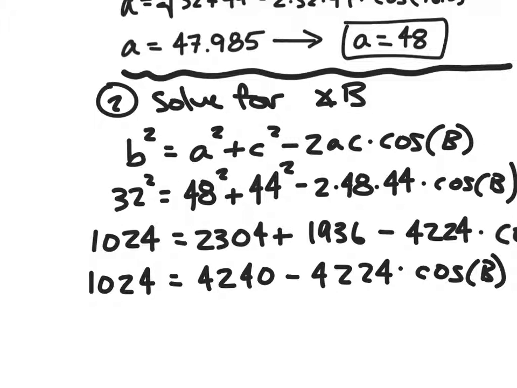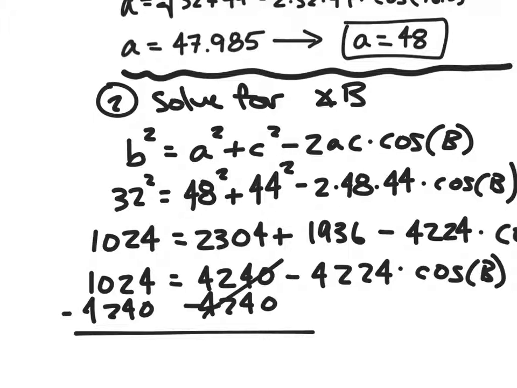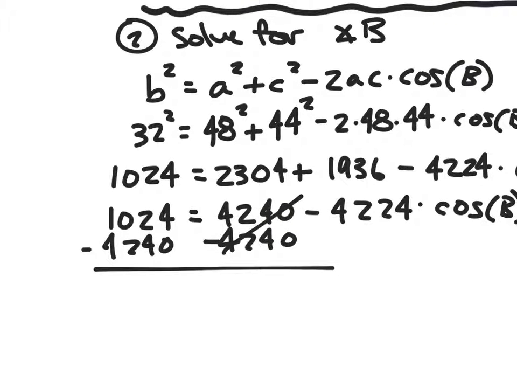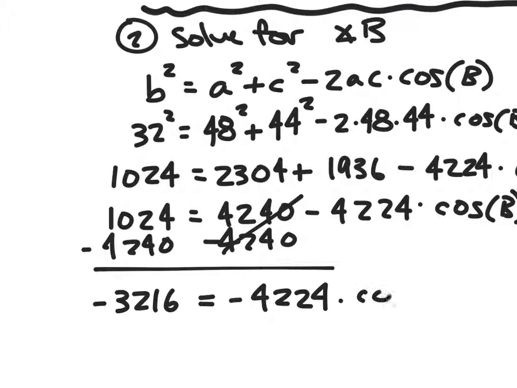We're going to isolate cosine of B. So I'm going to subtract 4,240 from both sides, and I get 1024 minus 4240, which gives us negative 3,216, and that's going to equal negative 4,224 times cosine of angle B.